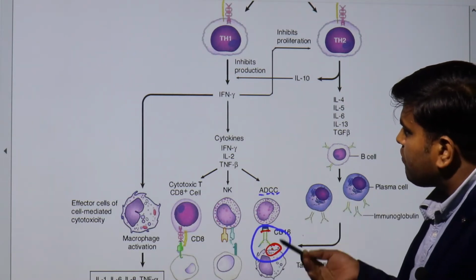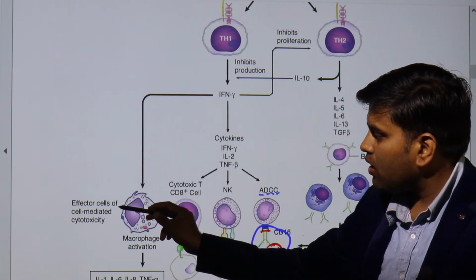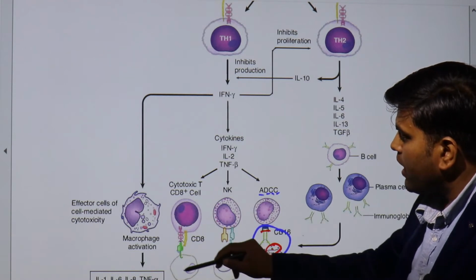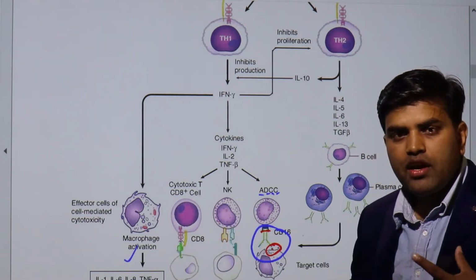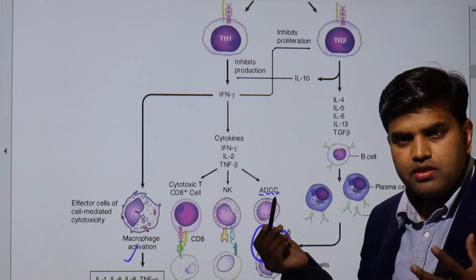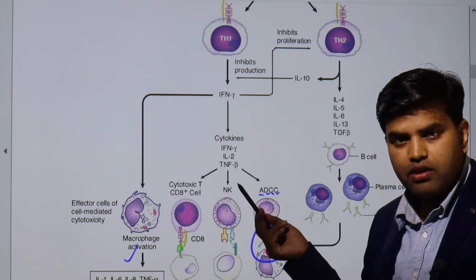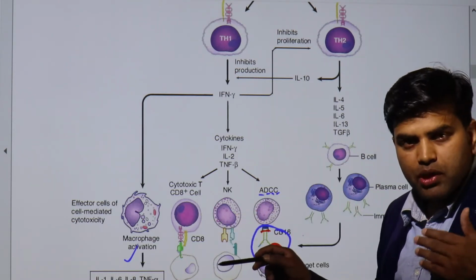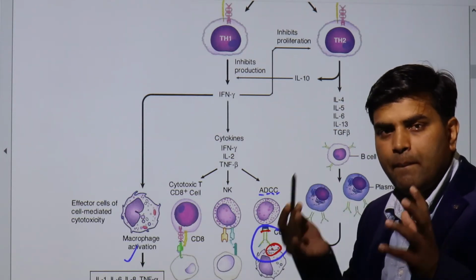So what is the function of your TH1 arm? It will activate the effector cells of cell mediated cytotoxicity. It will activate the macrophage, and this macrophage has the capacity to kill the pathogen very fast. Mainly in case of tuberculosis, the organism activates the TH1 arm, and if TH1 is activated, the activated macrophage becomes so powerful that it can kill all the bacteria.